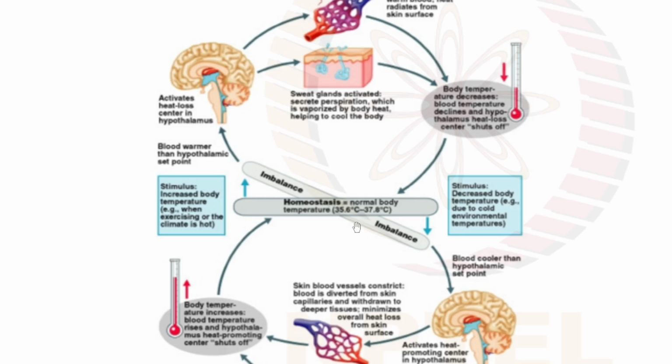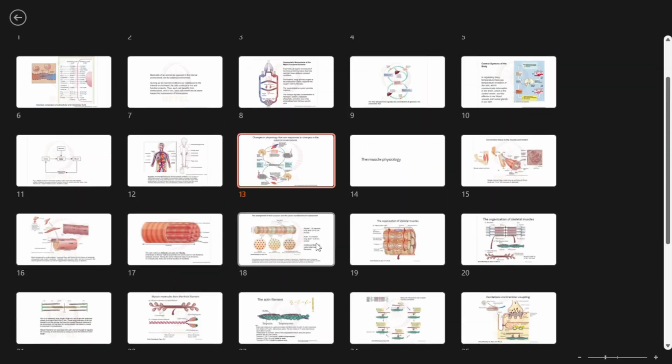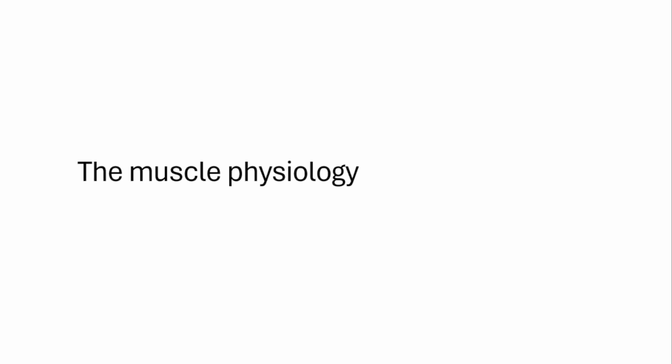For example, when the temperature rises, the body will send a signal that there is an imbalance, and according to that imbalance, there will be a response from the different organs. So this is what we understood in homeostasis.